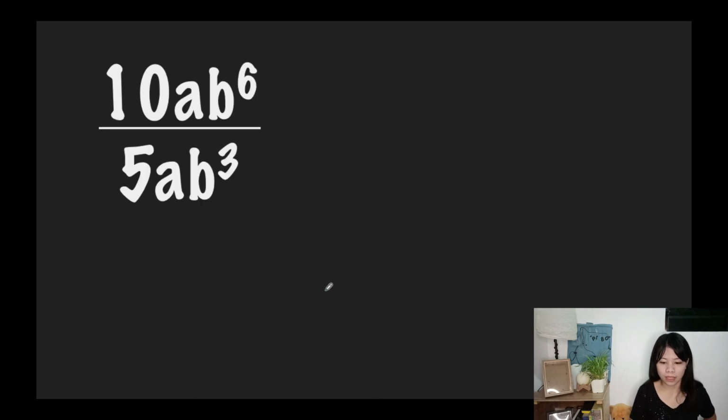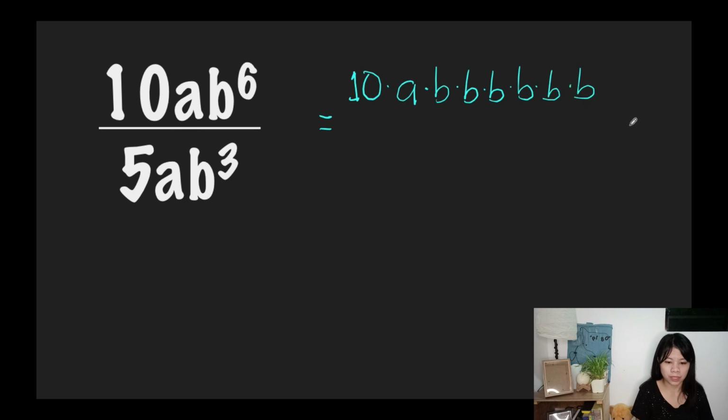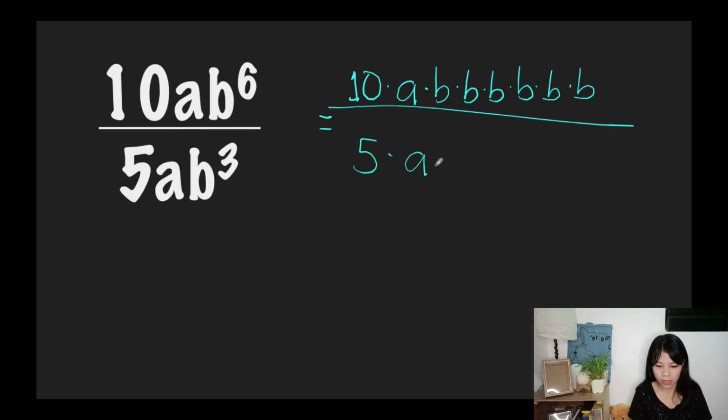Ito naman, guys, last example na natin. 10ab raised to 6 divided by 5ab raised to 3. 10 times a times b times b times b times b times b all over 5 times isang a tapos tatlong b times b times b times b. Okay?